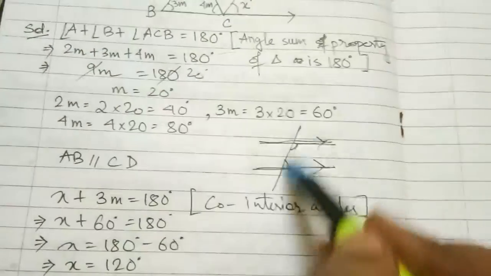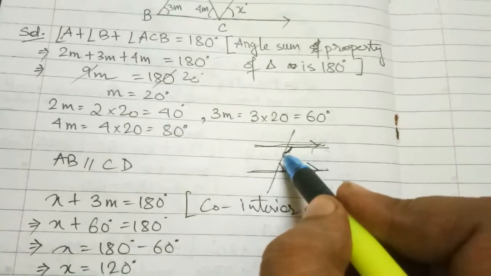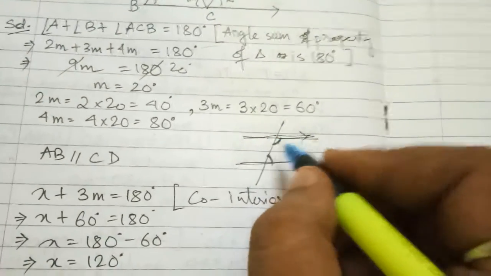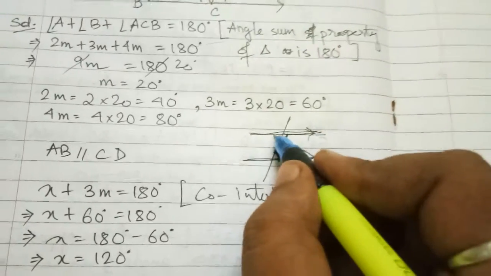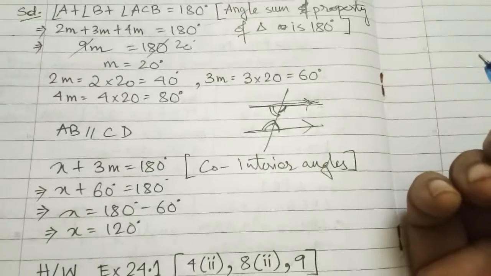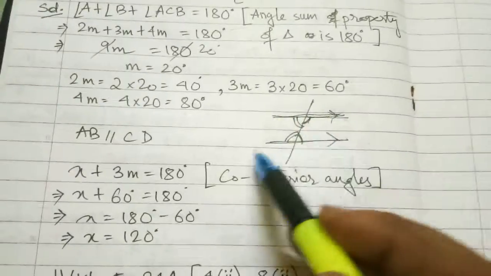This is the parallel, this is the transversal, and this angle and this angle will also add up to 180 degrees when these two lines are parallel. Now I can say this angle and this angle are also 180 degrees, when these two lines are parallel.